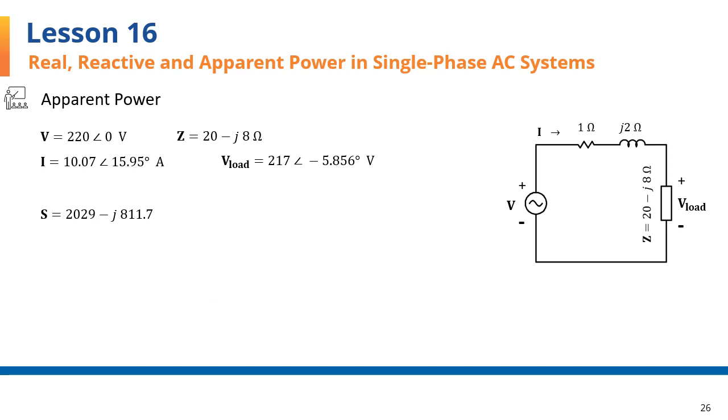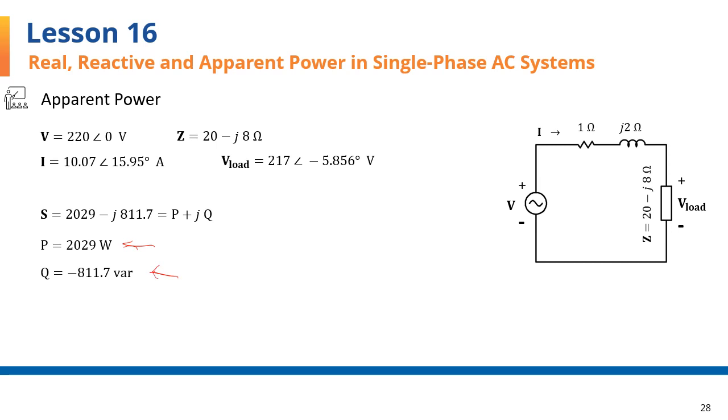The real part of the complex power gives the real power of the load, this number, and the imaginary part gives the reactive power of the load, this number here, with the negative sign. Writing it out explicitly as P plus jQ, we see that P equals 2029 watts and Q equals negative 811.7 vars.